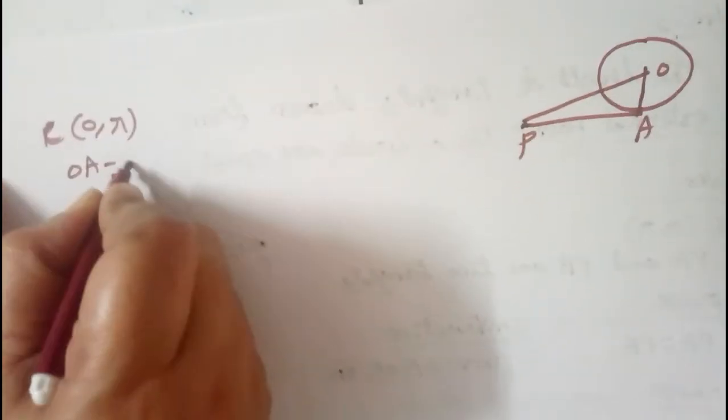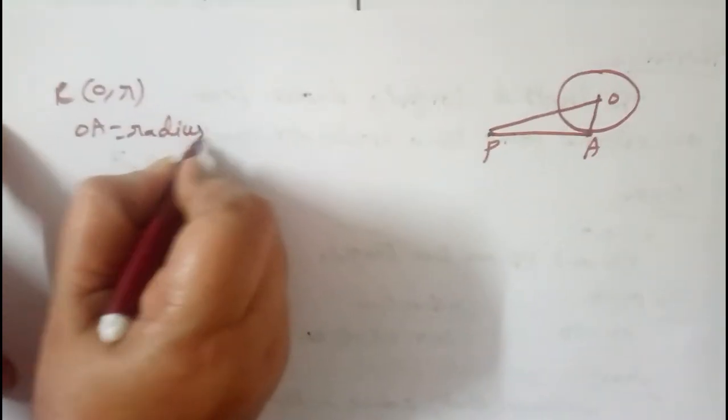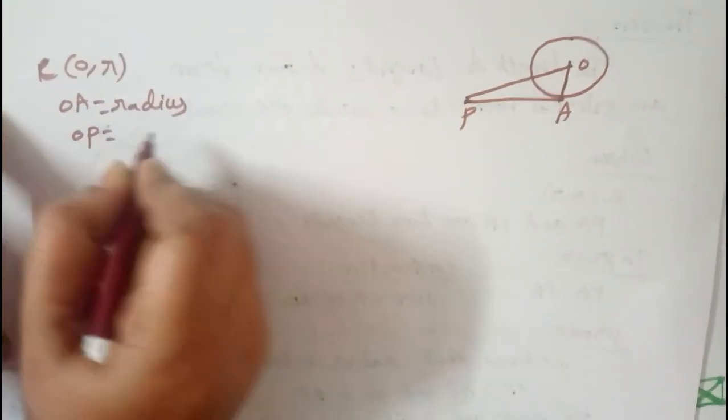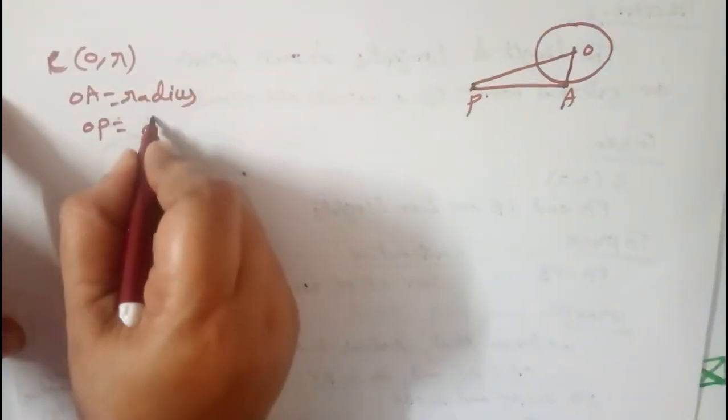Here OP is the distance from the center to the point. Here PA is the tangent. C is a circle with center O and radius R units. OA is the radius, OP is the distance from the center to the point.